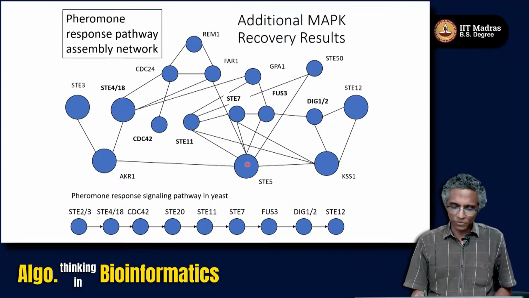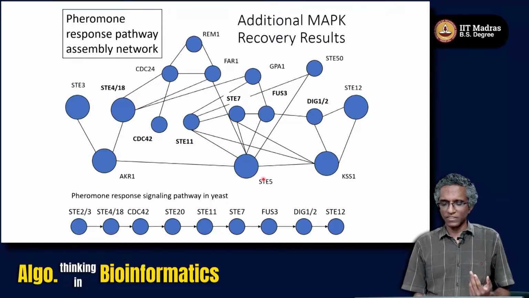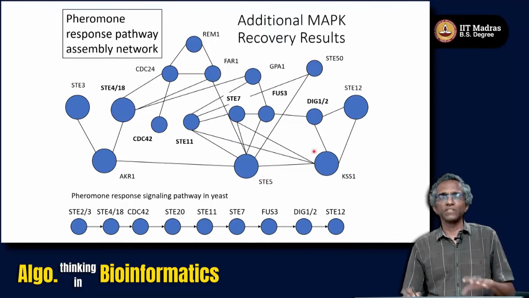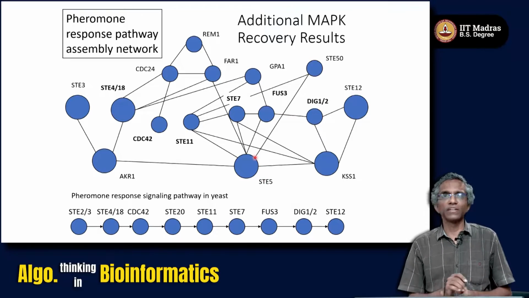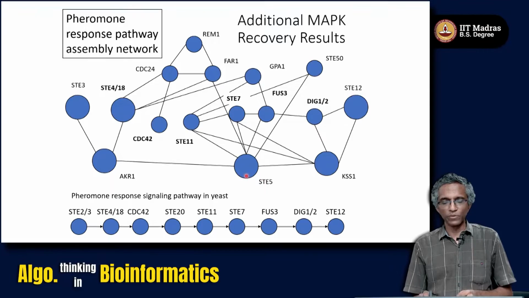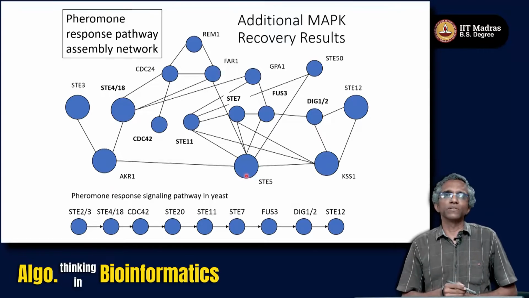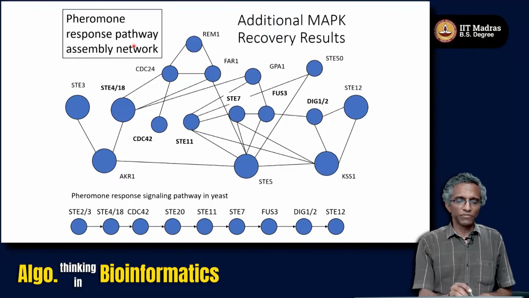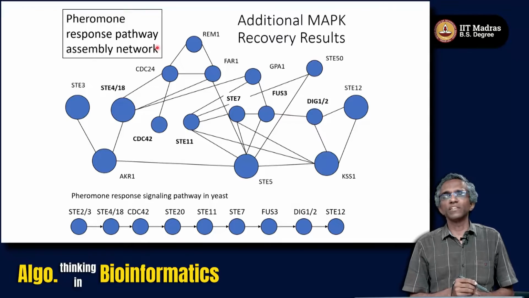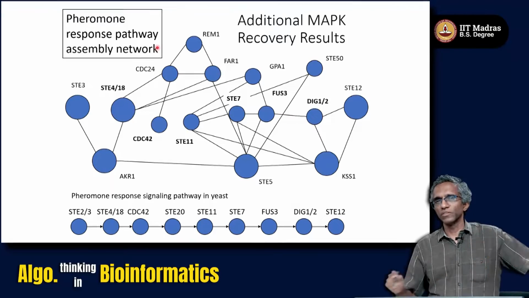Without revealing that STE5 is a scaffolding protein, by looking at these linear signaling pathways and assembling them into this larger scale network, the scaffold proteins are also recovered by this algorithm. So, this is a pheromone response signaling pathway network that is assembled from a union of these different signaling pathways.